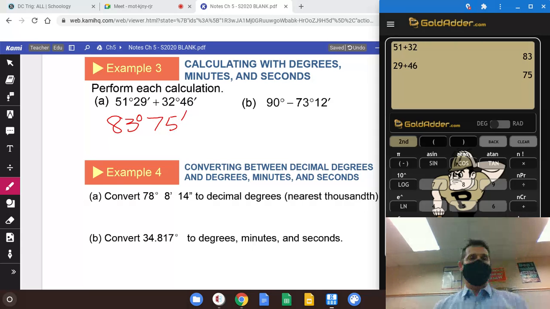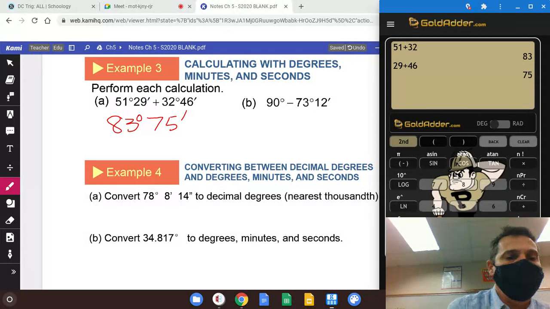Okay, now that's a little bit weird. We wouldn't tell time like that. I wouldn't say something is going to happen in an hour and 75 minutes. Anytime you get past 60, you kind of have to shift things around, right? Instead of saying 75 minutes, you might say 1 hour and 15 minutes, yeah? Okay.